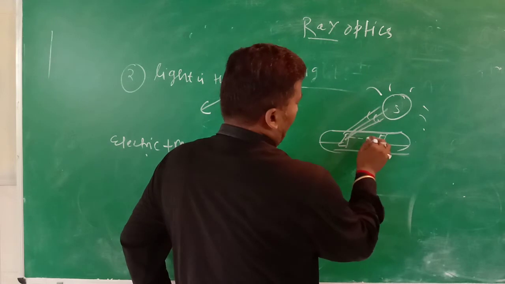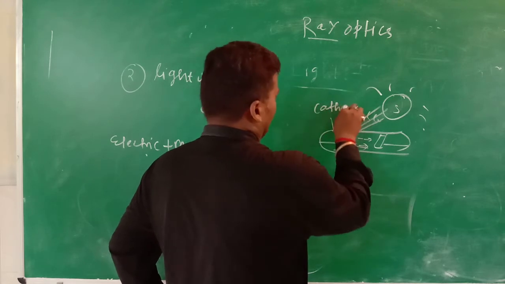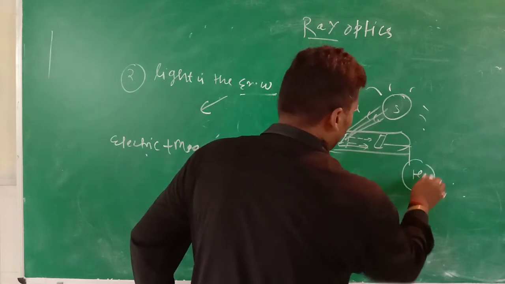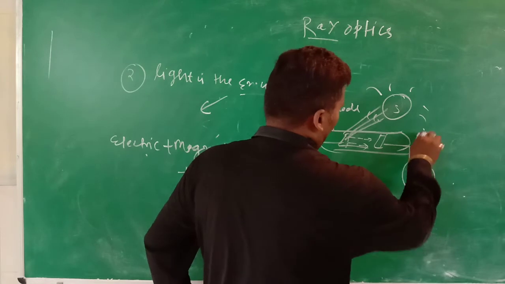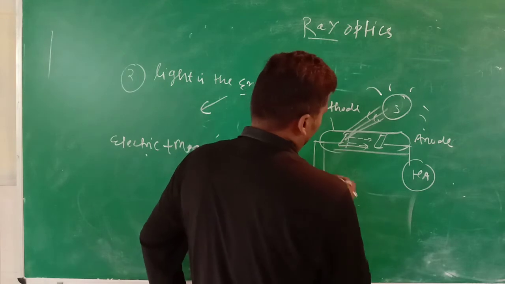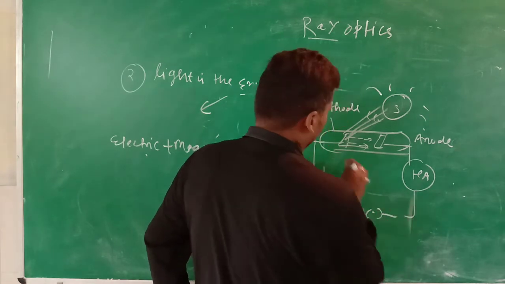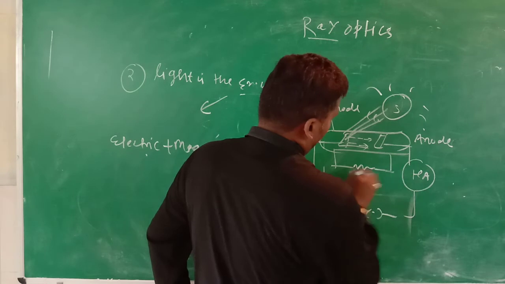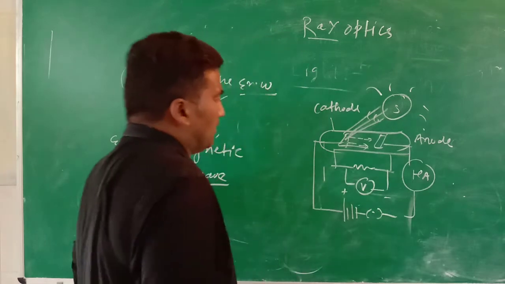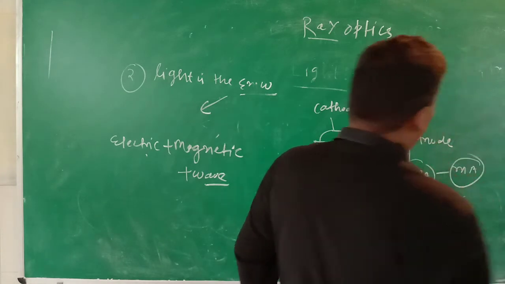When a high intensity ray of light strikes the photosensitive plate, the cathode plate, electrons are ejected and collected by another metallic plate, the anode, and the ejected electrons are also measured by a microammeter or milliammeter, then it is converted into the form of current.